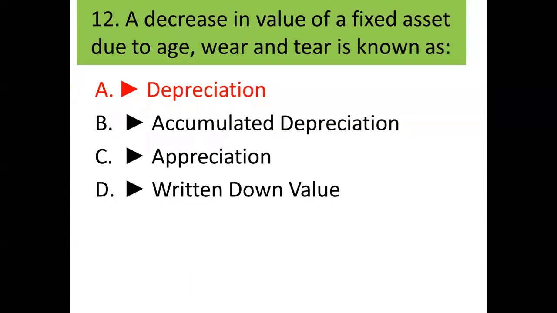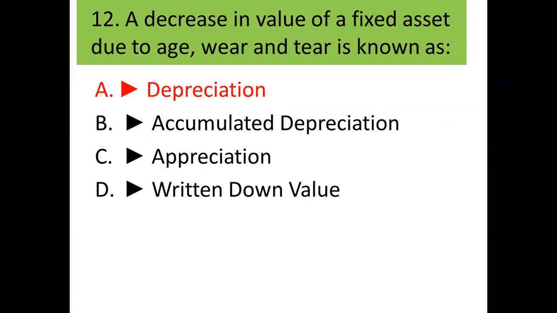Now, 12th question. A decrease in values of a fixed asset due to age, wear and tear is known as depreciation, while accumulated depreciation is the accumulation of depreciation from the first year to the current year.